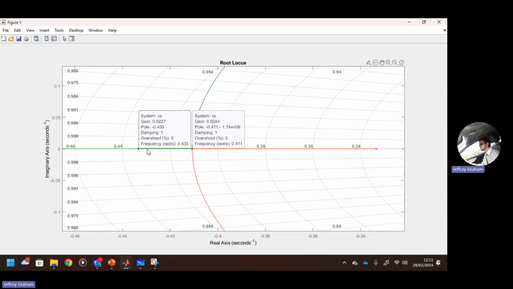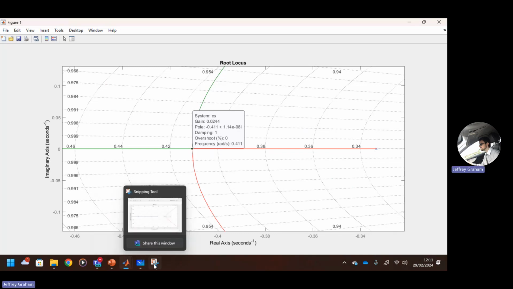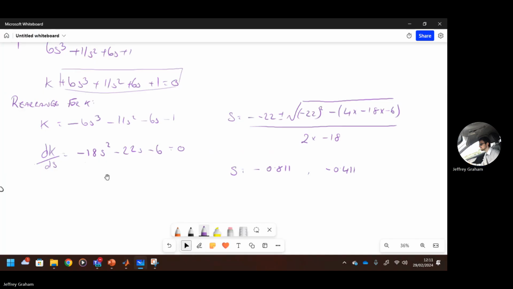Do the same with the green, minus 0.411. So out with the two solutions. That is the point of breakaway.